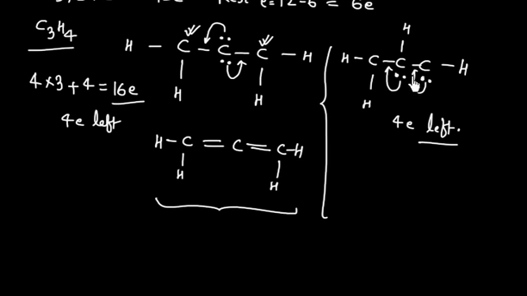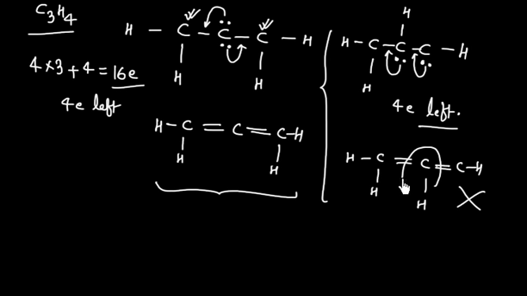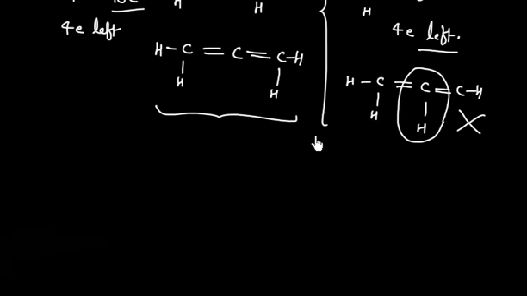Now in this case this is not possible, so let me try this one and then you can figure out what is the mistake. 2 bonds here and 2 bonds here, and carbon, hydrogen, hydrogen. So this is not a good Lewis-dot structure, because in this case carbon is becoming pentavalent. Do you see? In this case carbon is pentavalent, and that is not possible. Carbon cannot be pentavalent. So this is not a good Lewis-dot structure.